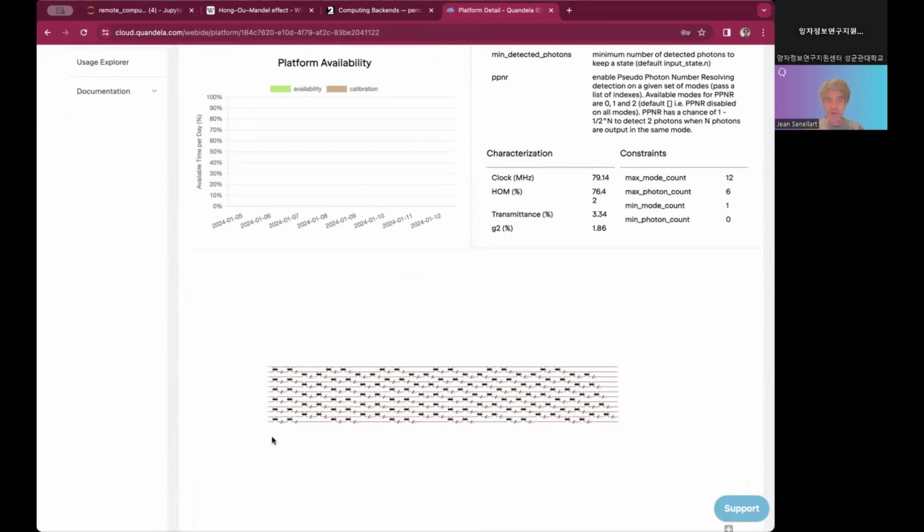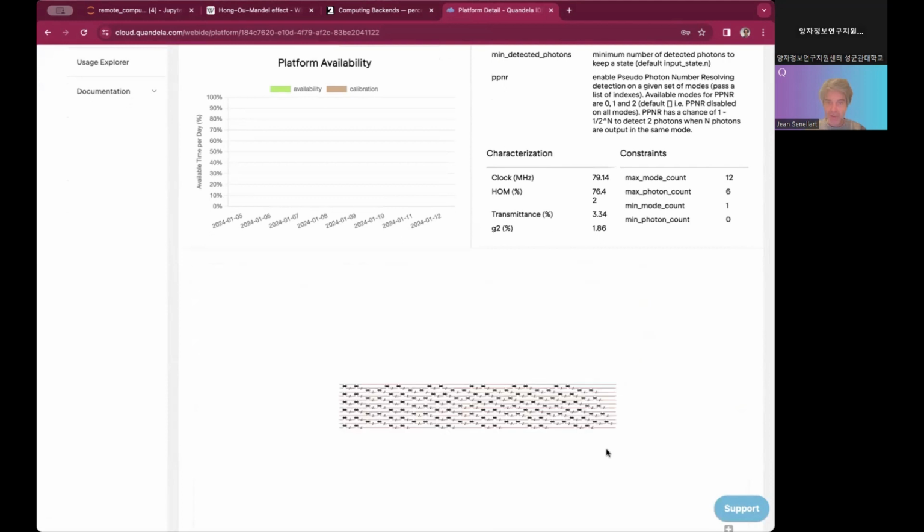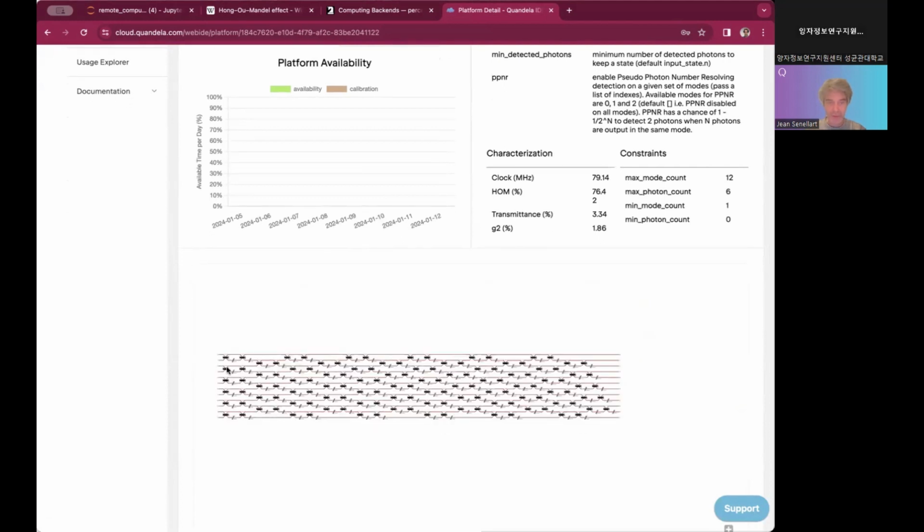This is the photonic chip that is behind the scenes. It's a 12-mode photonic chip, and it has this design. This design is not totally random. It's a Clements interferometer, so a universal interferometer. Any unitary on 12 modes can be implemented on that photonic chip.